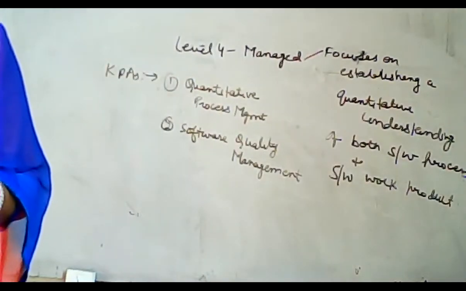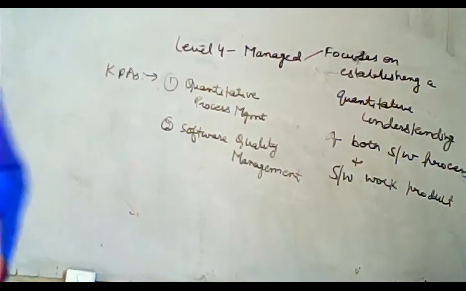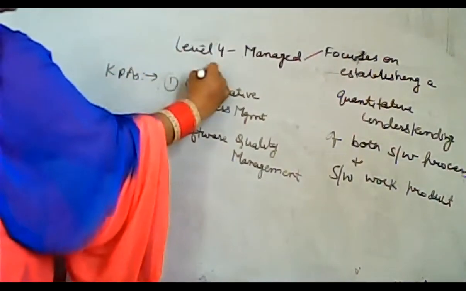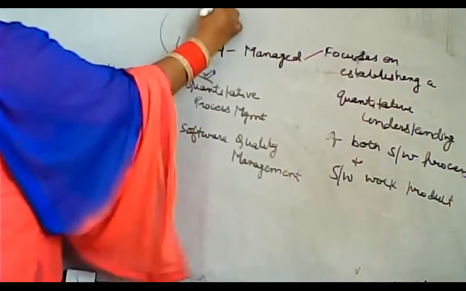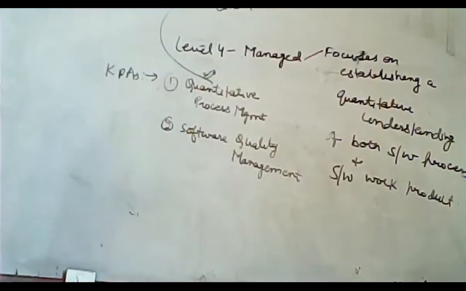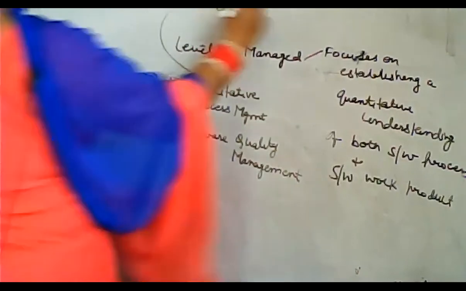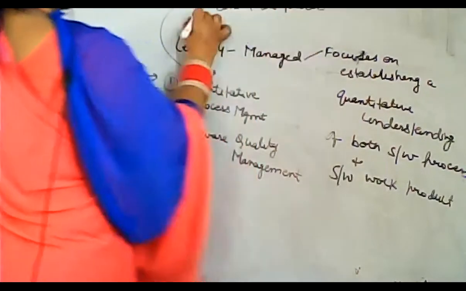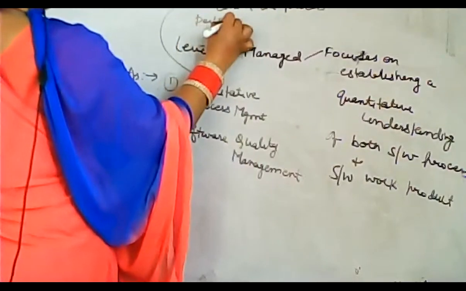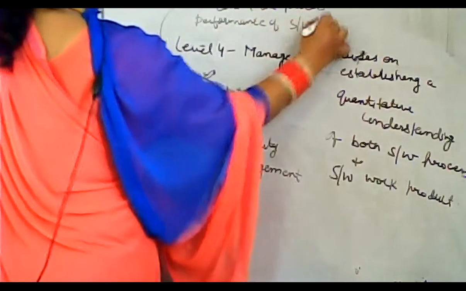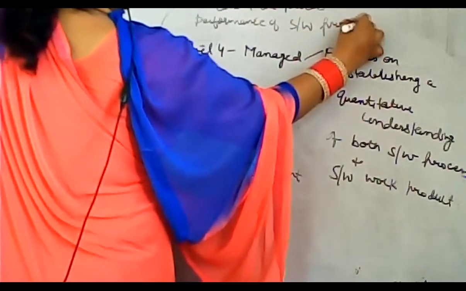Quantitative process management controls the process performance. It controls the process performance of the software project quantitatively.